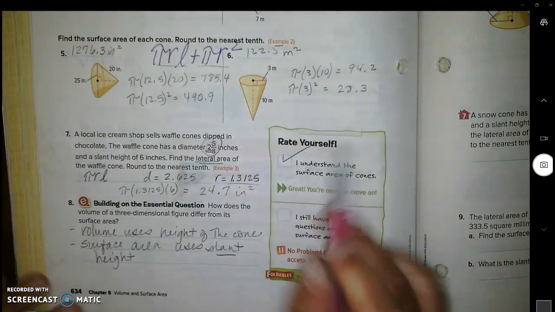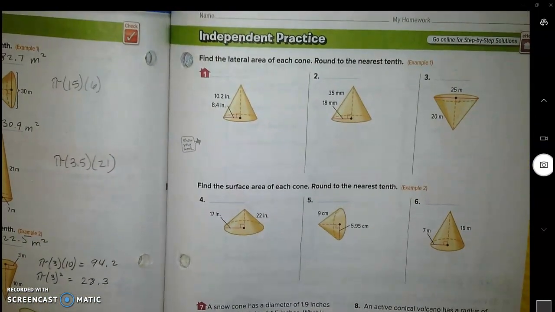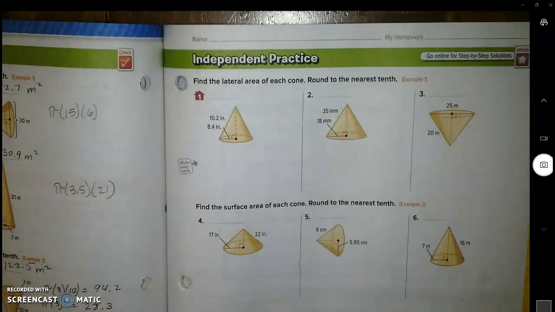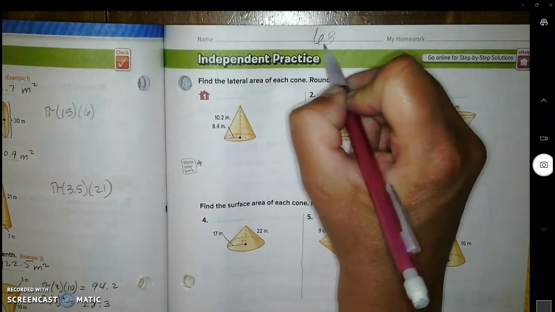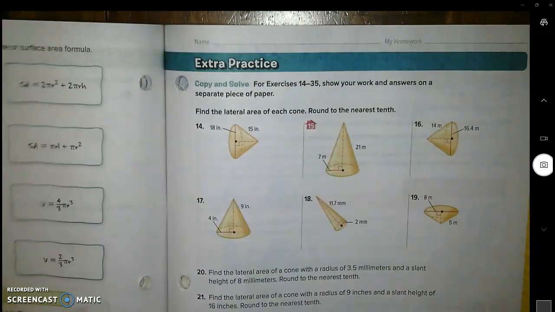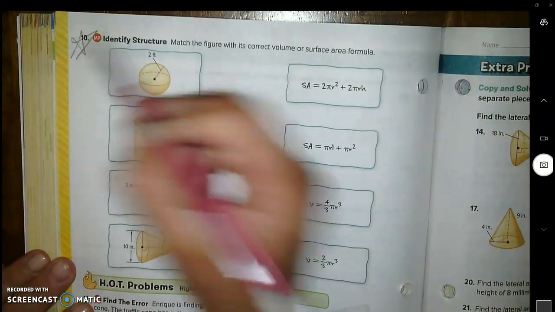Hopefully you're understanding everything okay. Same old, right? Same assignment, different day. You're going to do page 635, page 637, but I'm going to add a problem to this. I actually want you to do number 10. Number 10 is super easy.